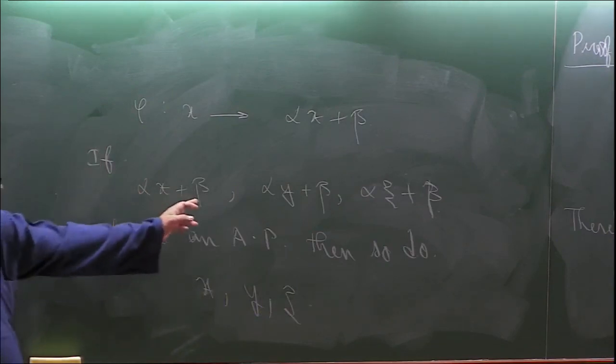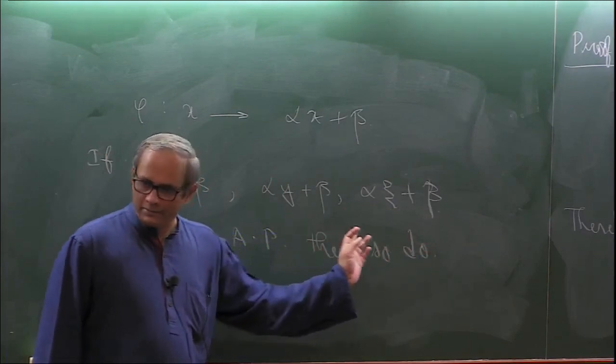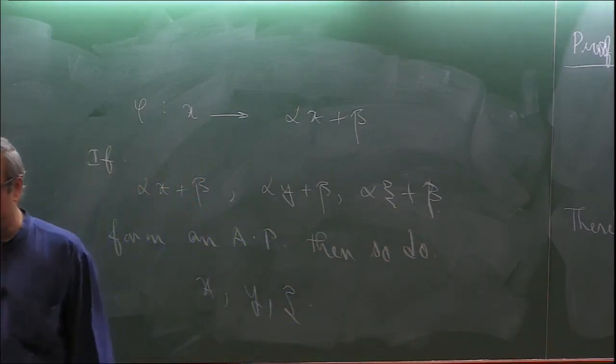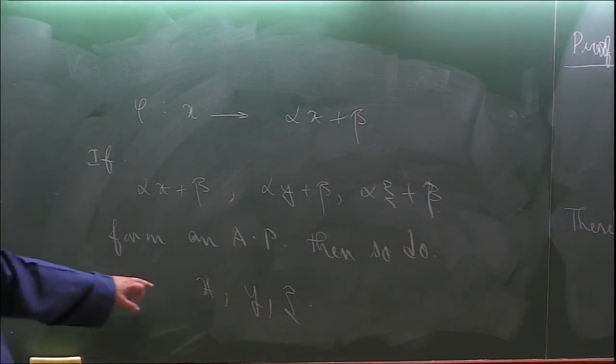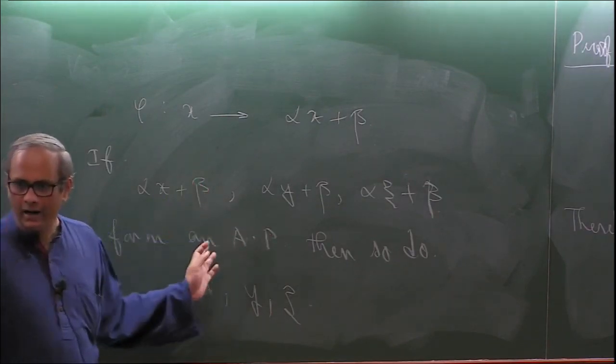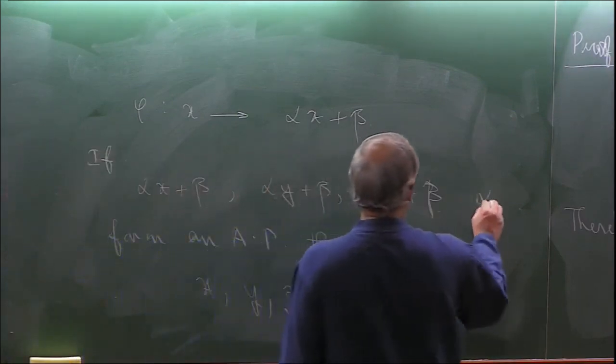Simply because alpha x plus beta plus alpha z plus beta equals 2 times alpha y plus beta. Cancel the betas, cancel the alpha, and you will get x plus z is 2y. Okay? And conversely, if you had x plus z is 2y, you could start from that relation and add back these alphas and betas, as long as, of course, your alpha is not 0.